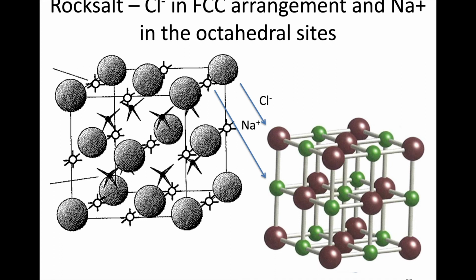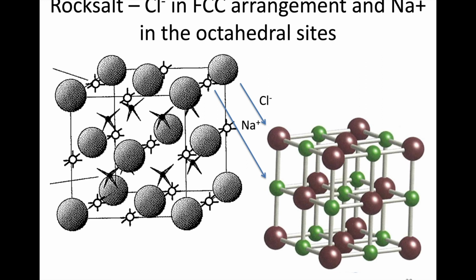However, it's important to know that even though we say the anion is in the FCC arrangement, it doesn't mean it's close packing anymore. Once we put cations in these interstitial sites, these sites are not actually big enough to account for the cation, and so it expands that structure out into something bigger. And so this is no longer close packed.